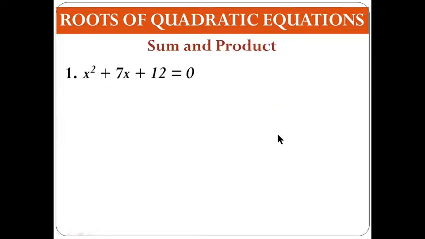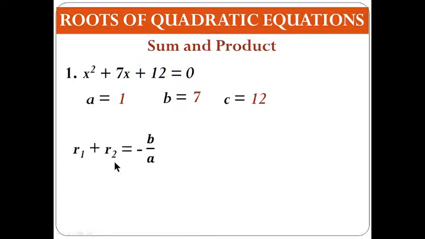Halimbawa, x squared plus 7x plus 12 is equal to 0. So, identify muna natin yung ating a, b, and c. So, a is 1. Kapag walang numerical coefficient na nakikita sa ating quadratic term, automatic that is 1. And b is positive 7 and c is positive 12.